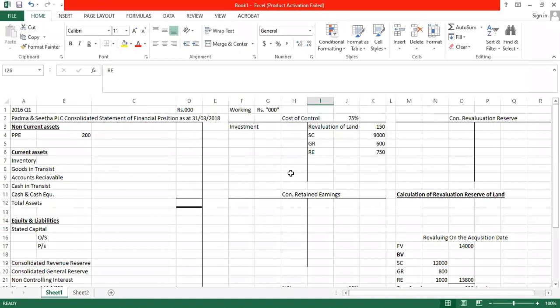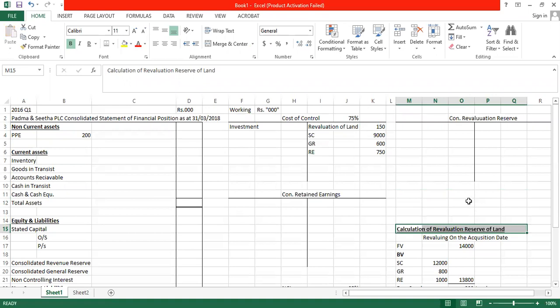Fourth adjustment. Padma PLC sells goods to Sita at a profit margin of 20% on cost.